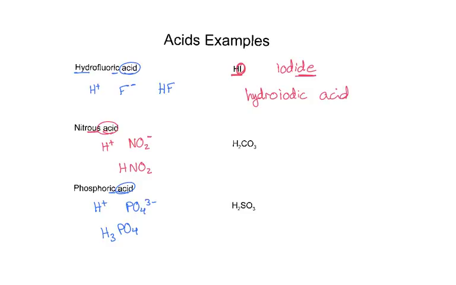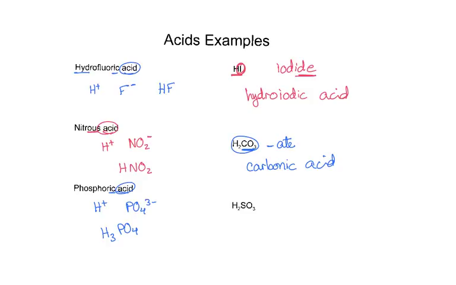Let's look at the next one. This right here is carbonate. So it becomes ic acid, so it'd be carbonic. Instead of carbonate, it would be carbonic acid. Carbonic acid is basically CO2 and water, so it's like soda.